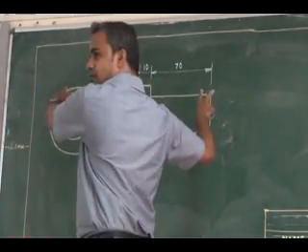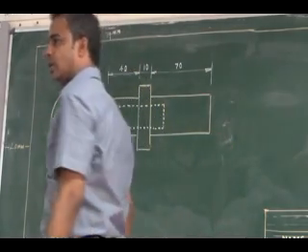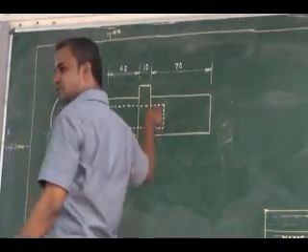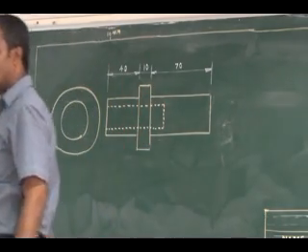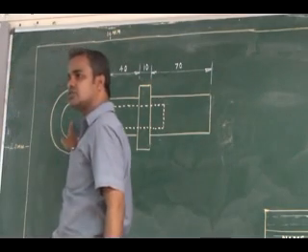Now you can clearly see in the view, this is a view of this shaft. Inside there is a hollow portion, and that hollow portion is shown in the view itself as a dotted line. The same hollow I can see in this view also.